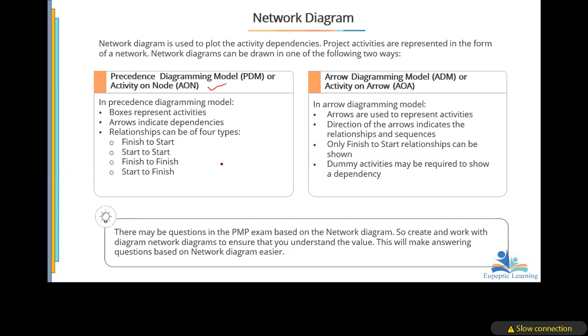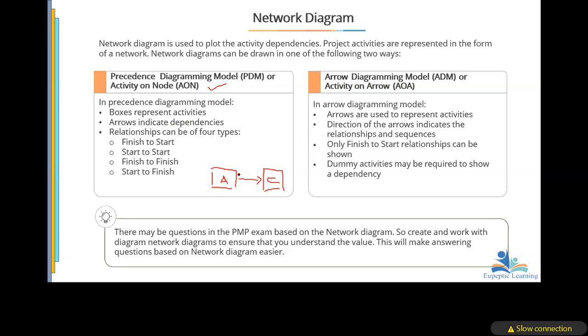Boxes represent the activities. So if you have come across one before, this is the box. So let's say activity A. Maybe the next activity is activity B, like this. So the boxes represent the activity.